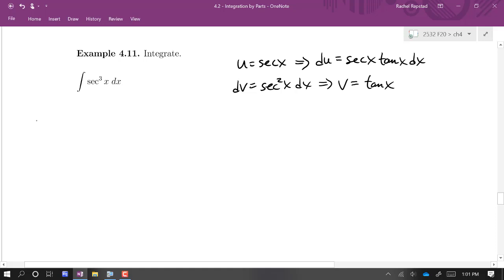Okay, now let's put this together. u times v minus integral v du. And that is secant x tan x minus integral v times du. That'll be tan squared x times secant x.